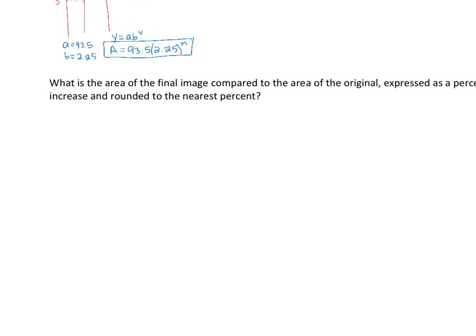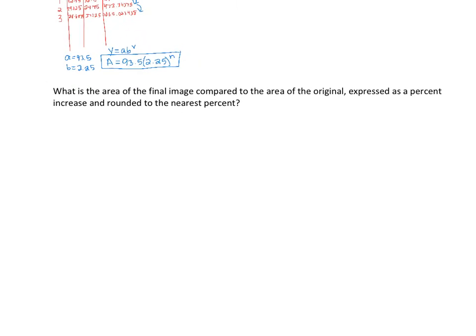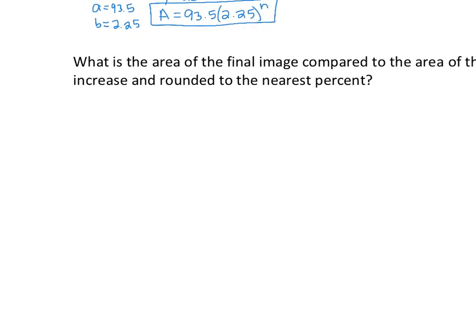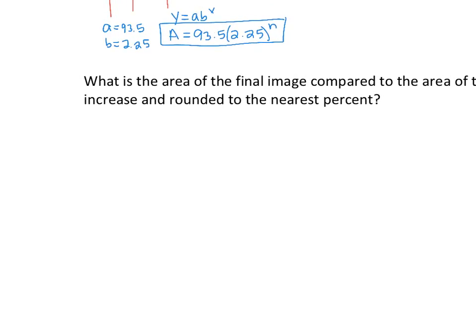What is the area of the final image compared to the area of the original, expressed as a percent increase, rounded to the nearest percent? Percent increase, the formula is change over original equals percent over 100. The change is the subtraction, is the range, essentially, from between the two values you're concerned with.